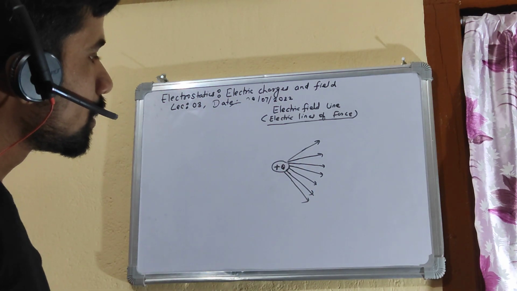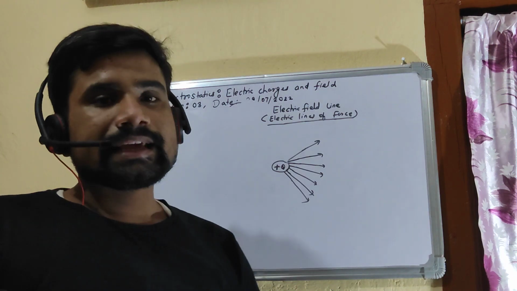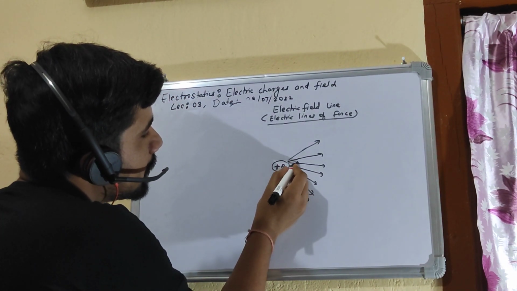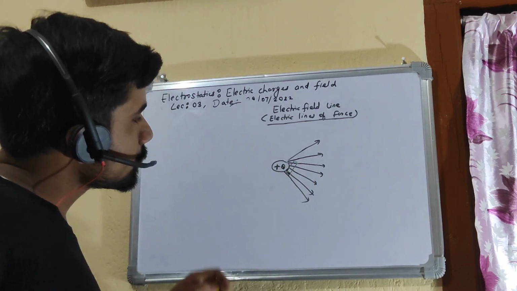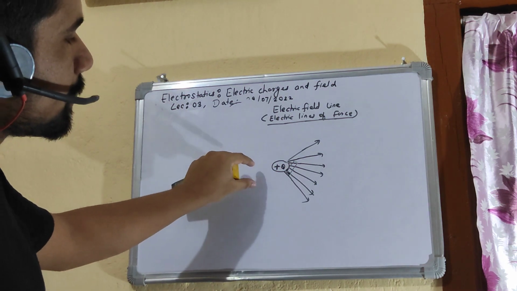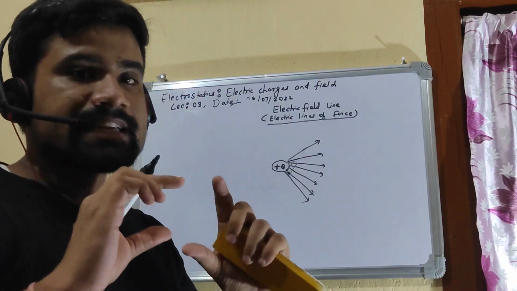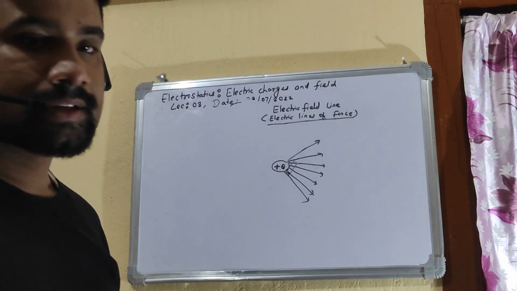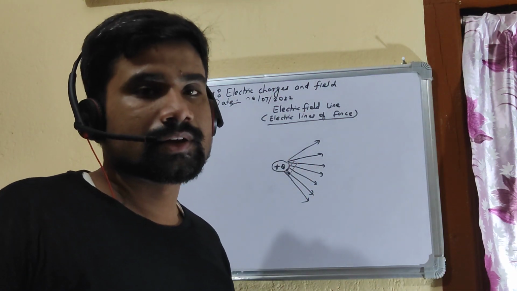So now, what exactly indicates the strength of electric field? If I consider any particular area here, you see, the nearer we are to this charge, the density of lines is higher. The lines are closer to each other, right?